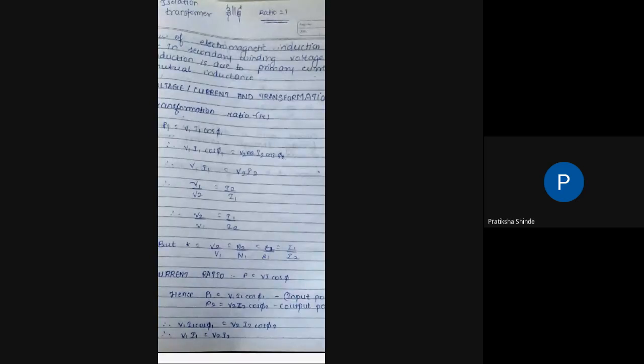That means V1 I1 cos phi 1 is equals to V2 I2 cos phi 2. If cos phi is negligible, or if we consider the cos phi value the same, then we can directly cancel it, because cos phi is dependent upon the winding.